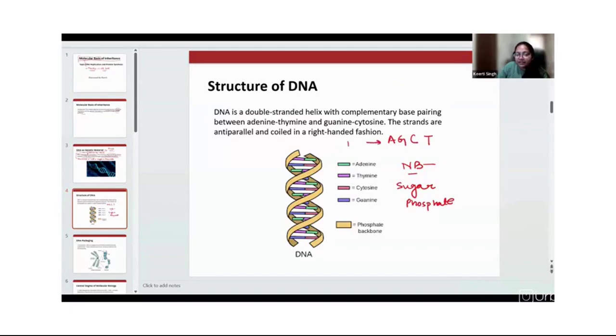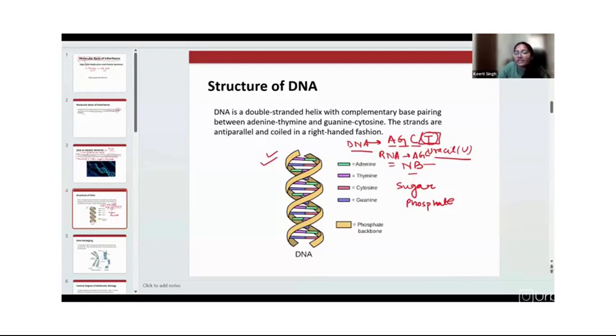These are present in DNA, while thymine is replaced by uracil, which is written as U, in case of RNA. Rest is same. Okay, so RNA will have adenine, guanine, cytosine, and uracil, while the DNA will have adenine, guanine, cytosine, and thymine, right?